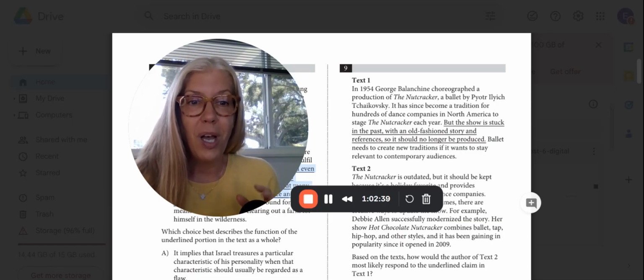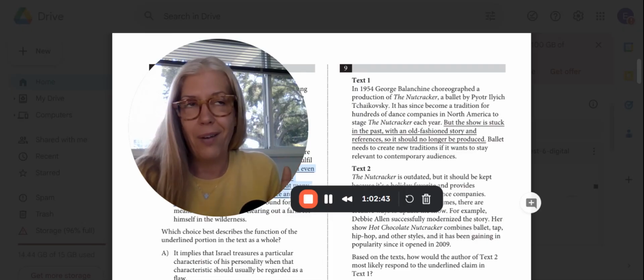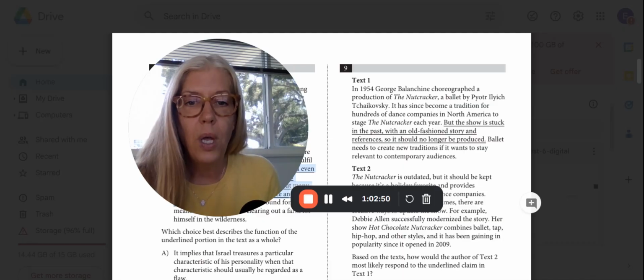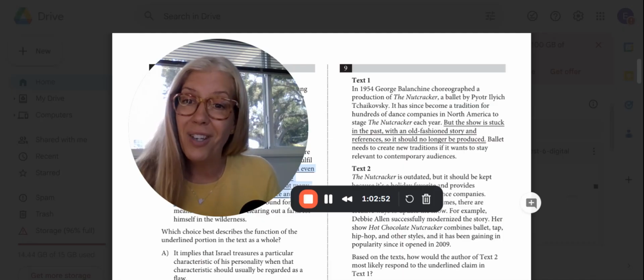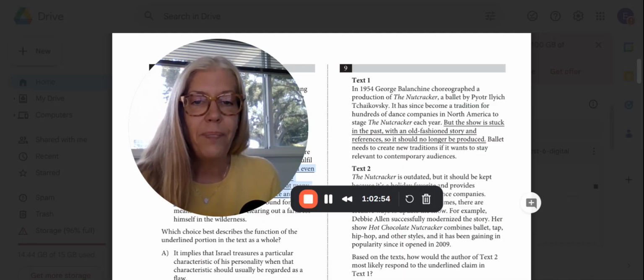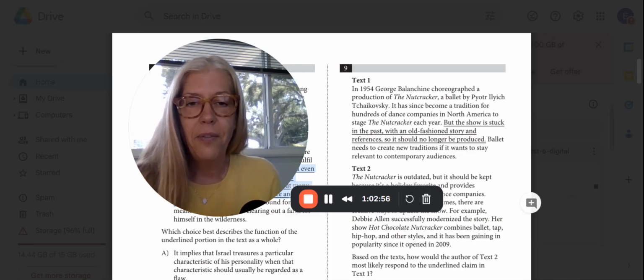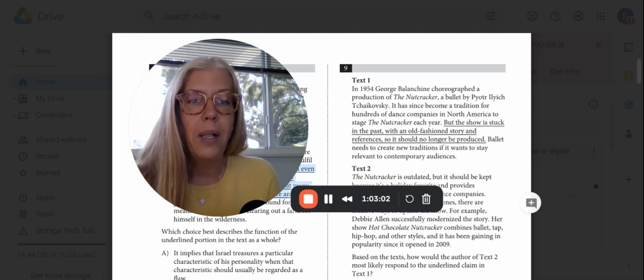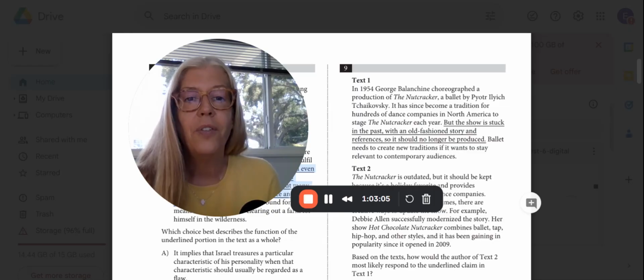So let's read text 1. I'm going to pause and then we're going to just think to ourselves. And I'm not good at thinking to myself, so I'm going to say out loud what I think text 1 is about, and then we'll go on to text 2 to find out what our answer is. All right, text 1. In 1954, George Balanchine choreographed a production of The Nutcracker, a ballet by Peter Ilyich Tchaikovsky.